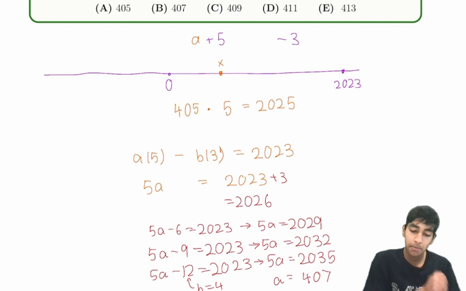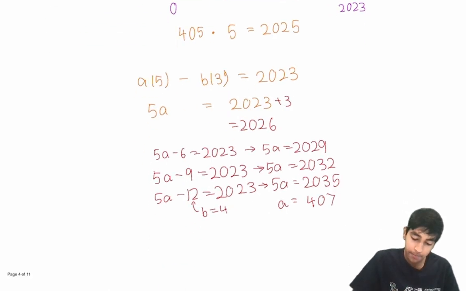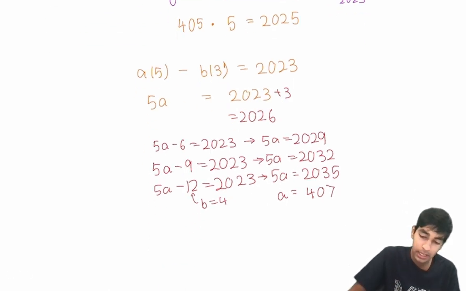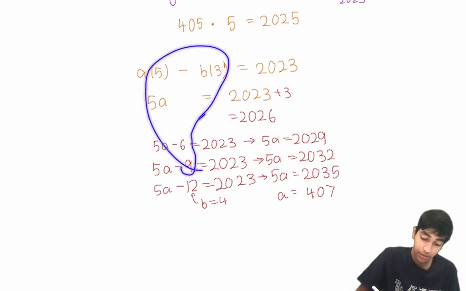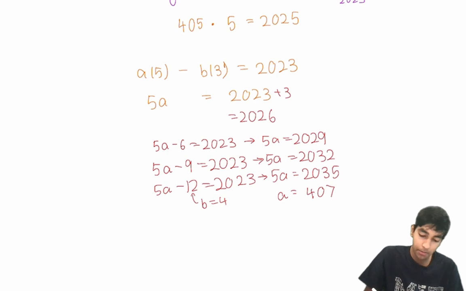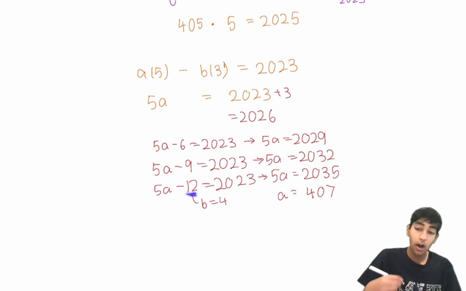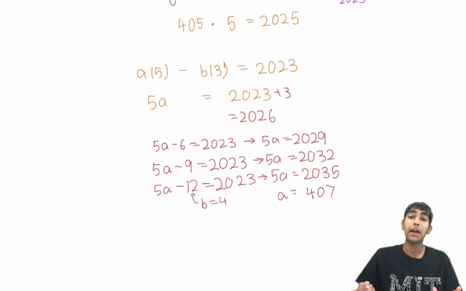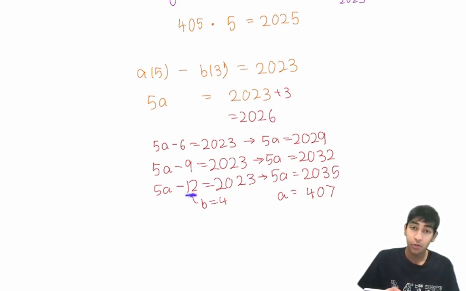And is this the minimum number of jumps? Yes, because we already explored all the possibilities where the number of backwards jumps is even less. So the minimum number of backwards jumps possible is 4. There are other possibilities with, let's say, 9 backwards jumps, but those will have more moves, because we have more backward jumps.